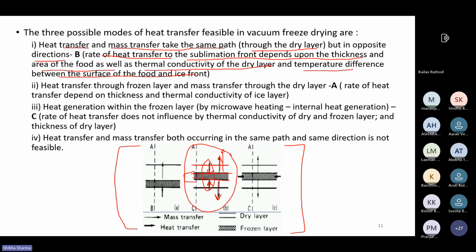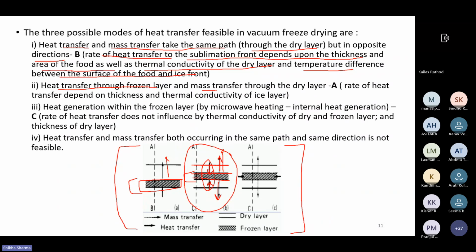About the second option, which is heat transfer through the frozen layer. So this is our frozen layer in diagram A. In this, heat transfer is through the frozen layer, because heat is going into the frozen part and moisture is going from the frozen part to the dry part and then to the atmosphere.